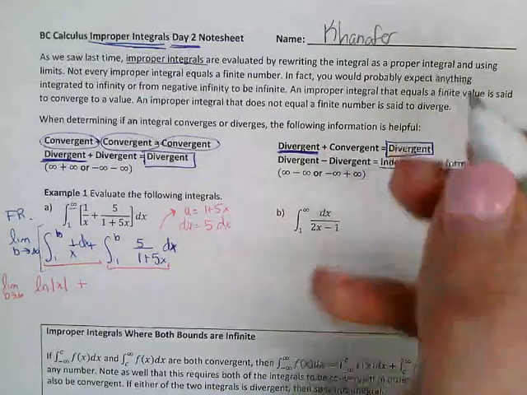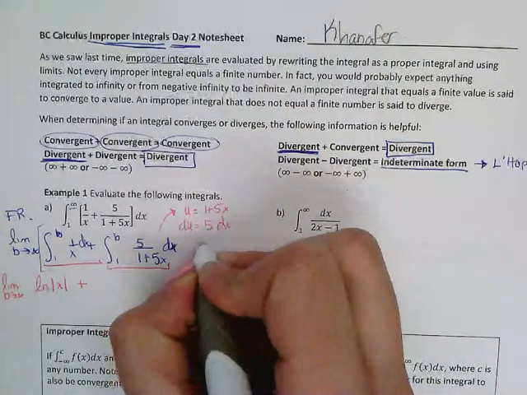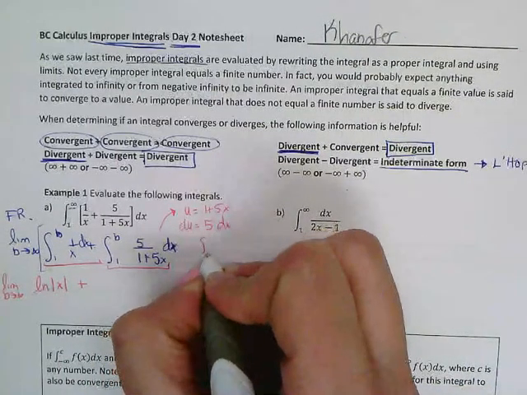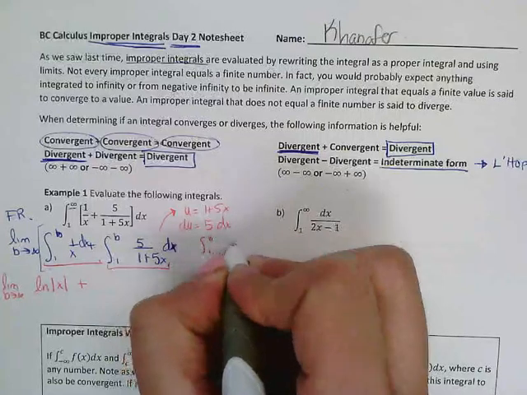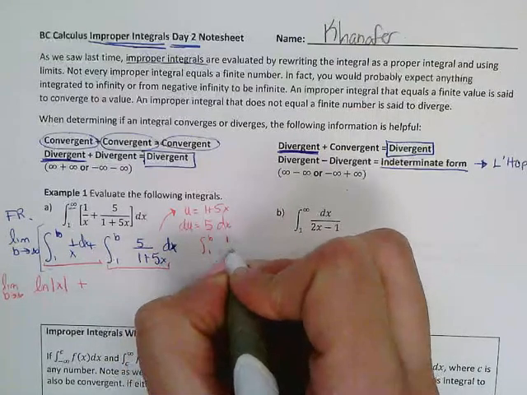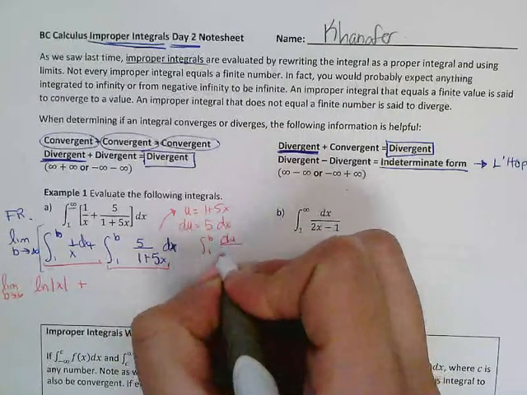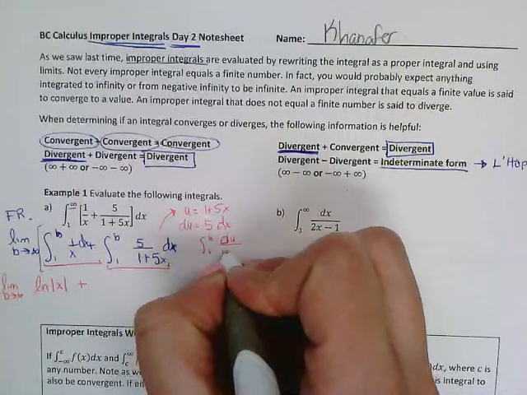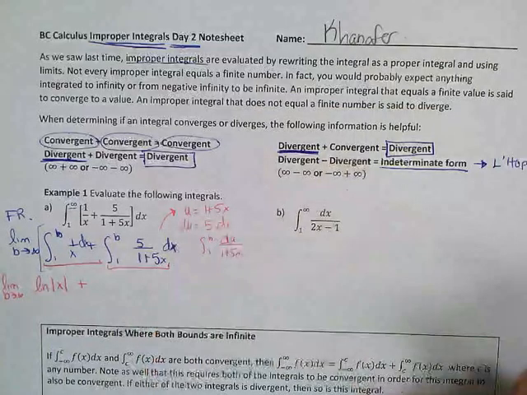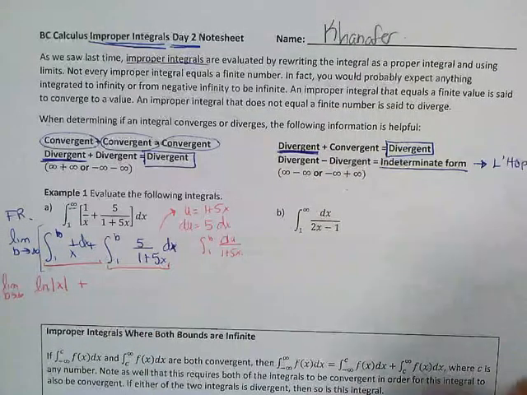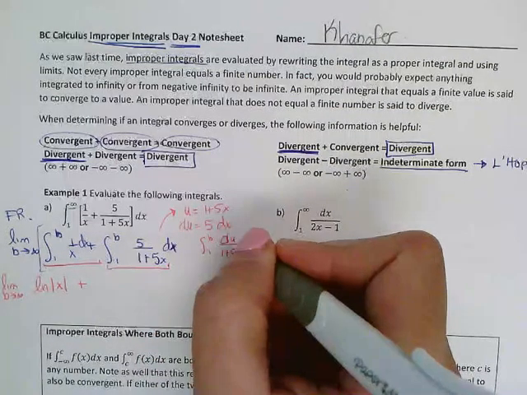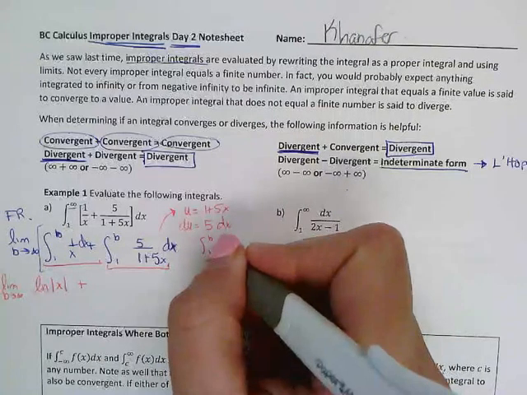Now if I rewrite this, this becomes the integral of du over u.